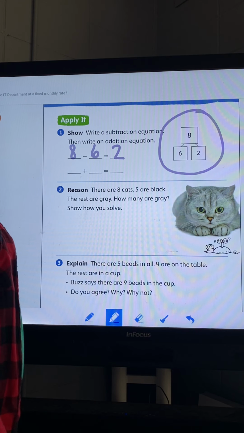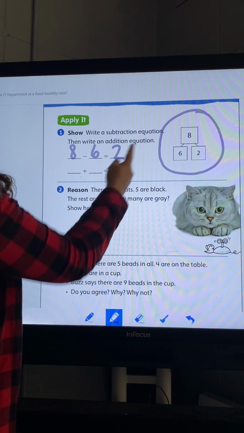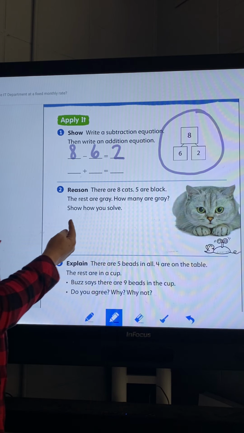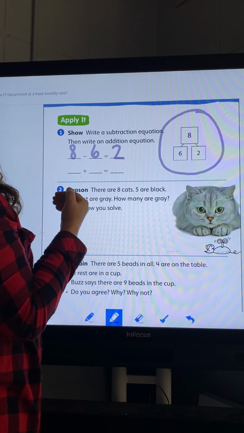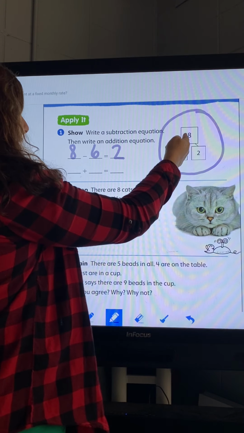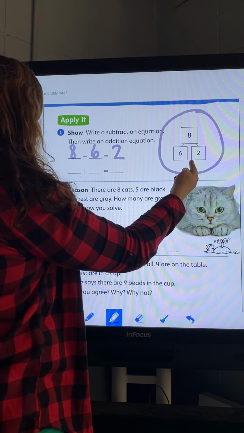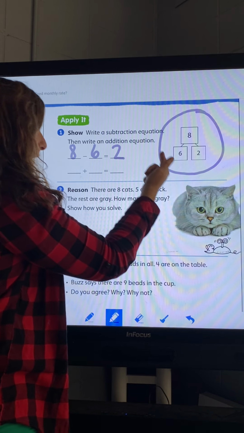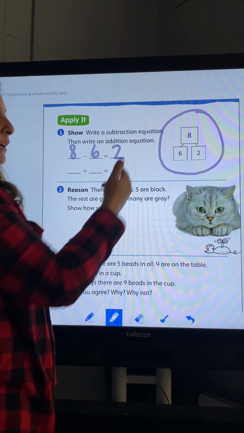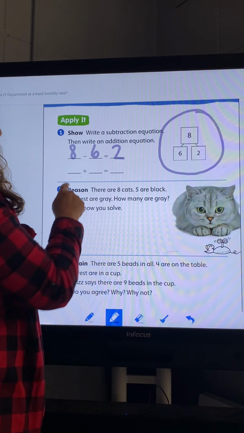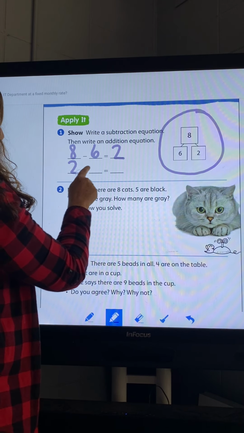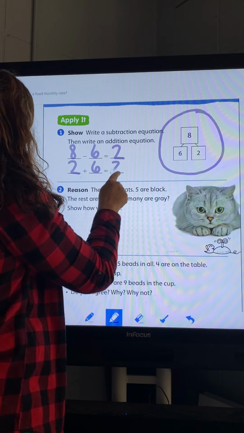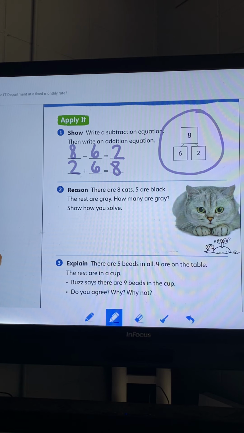There we go. Well, we know that if 8 minus 6 equals 2, then 2 plus 6 must equal 8, right? So we would say 2 plus 6 equals 8. Yes, it's exactly what we would do.